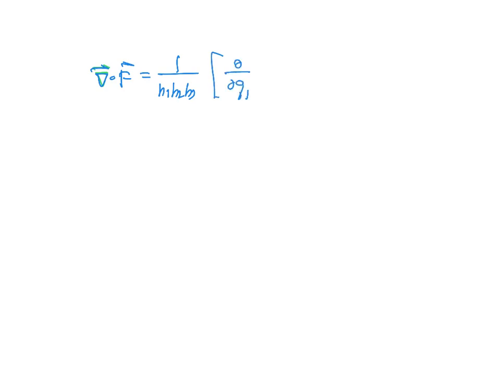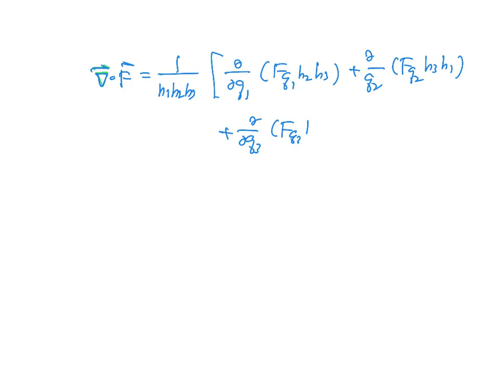Partial Q1 partial F Q1, H2, H3. Partial Q2 partial F Q2, H3, H1. Easy, right? Q3, H1, H2.